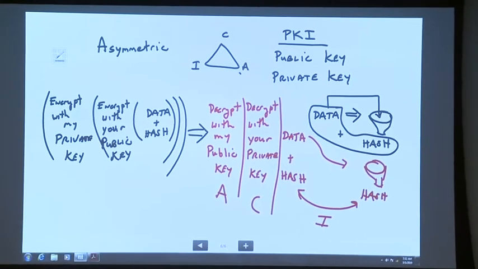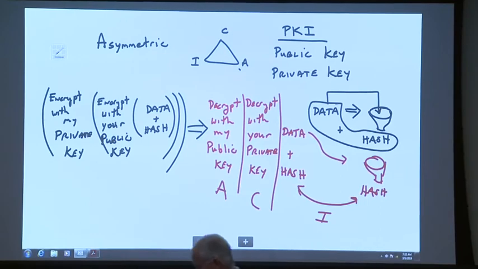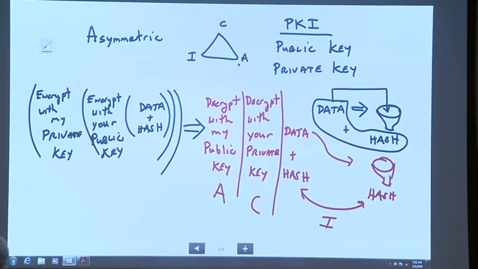Can anybody tell me what a network is? Group of computers. What are we using this group of computers for? Communication is part of it. What else? What about data? Transferring data.